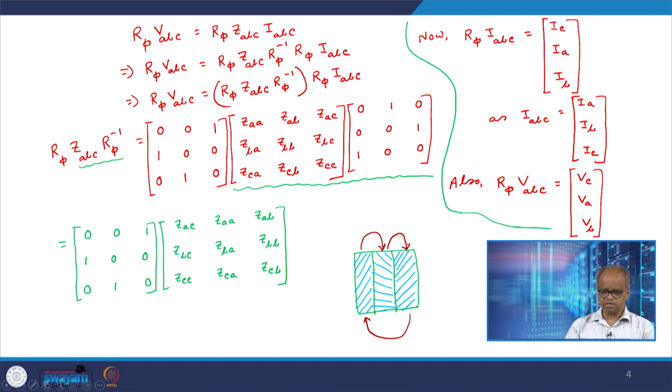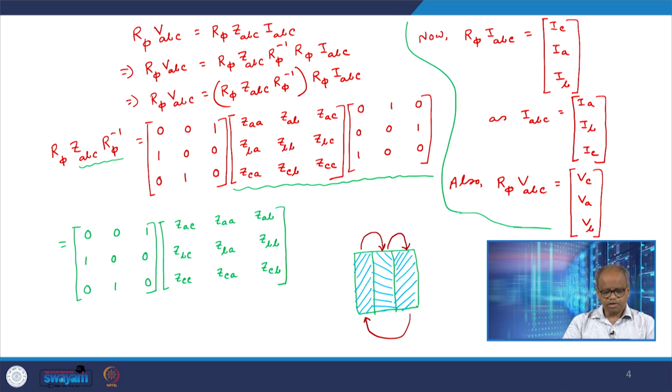So this particular column has been shifted to the first position, the first column to the second position, and the second original column to the third position. This is the effect of post-multiplication by R phi inverse.